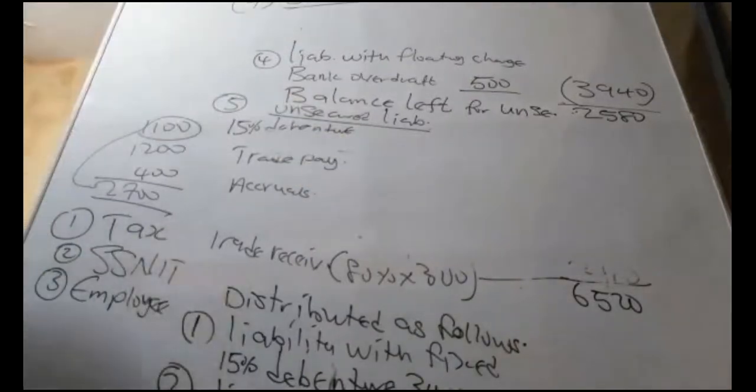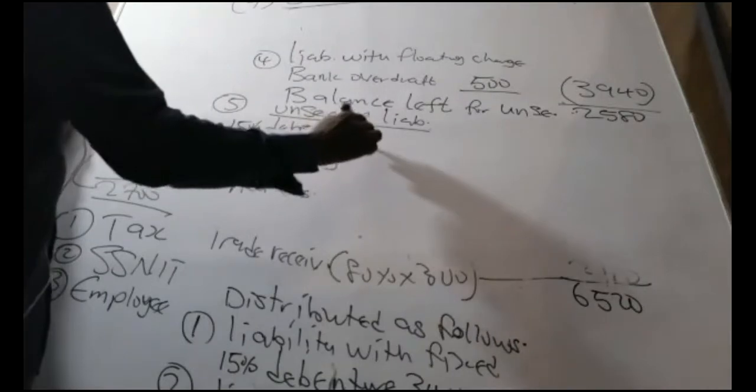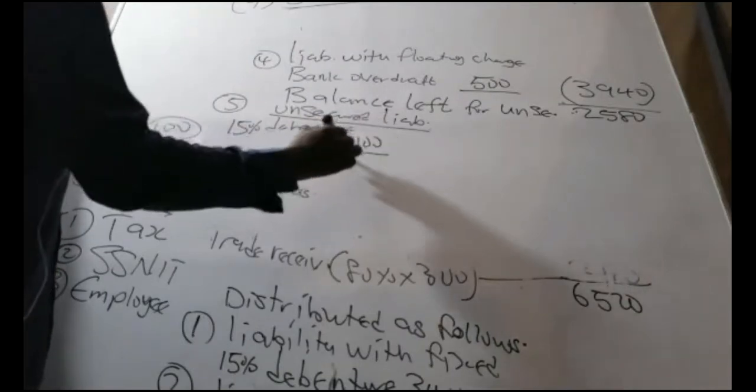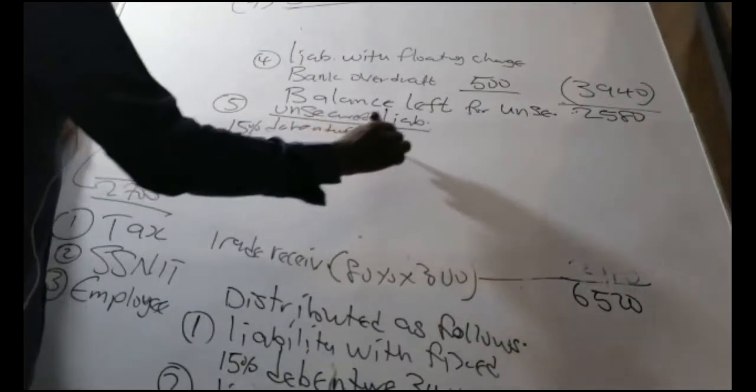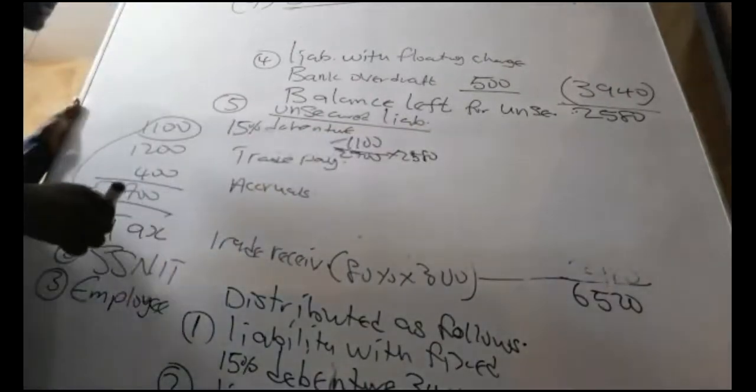So that is it. Now it will be the 1,100 all divided by 2,700 times the 2,580. So how much can we pay them?